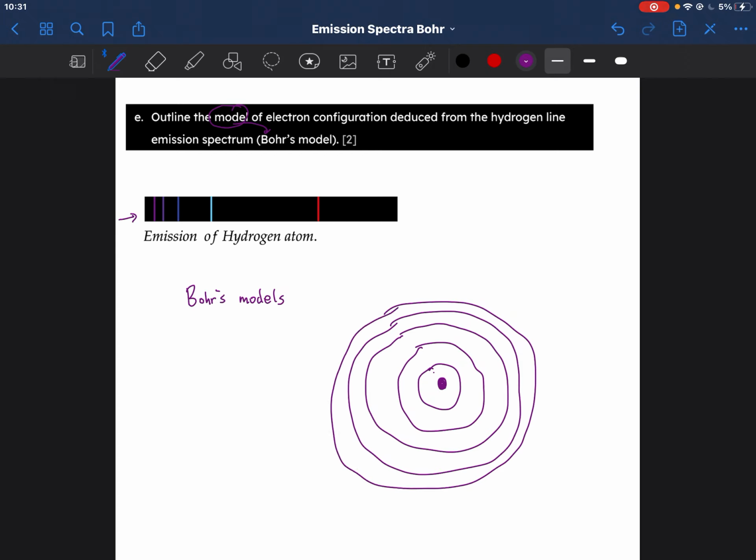Okay. So I can notice two things from Bohr's model. One, Bohr chose to make his energy levels these really discrete amounts of energy.